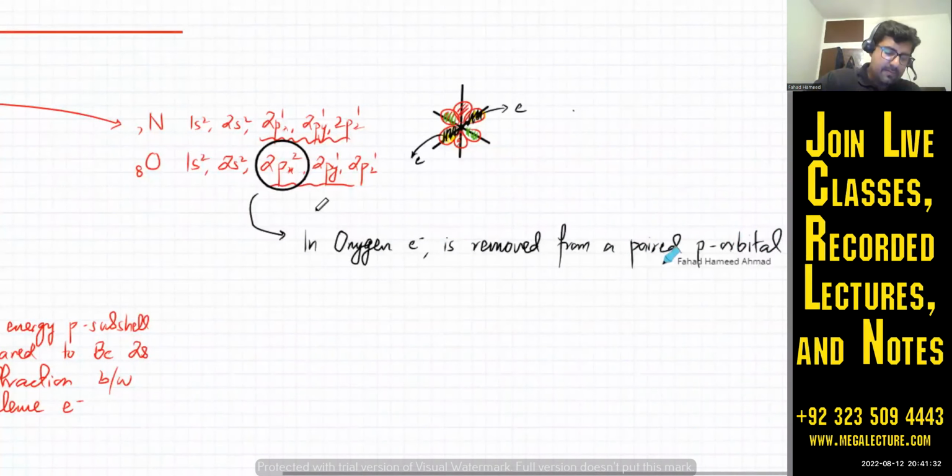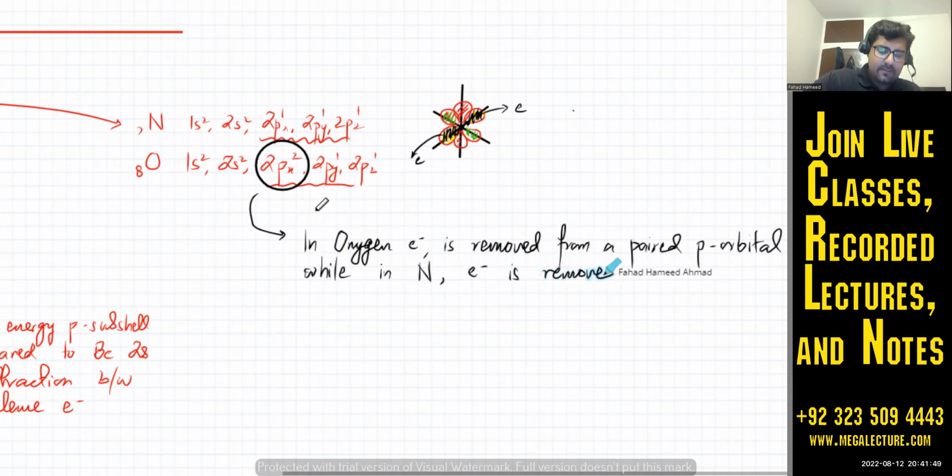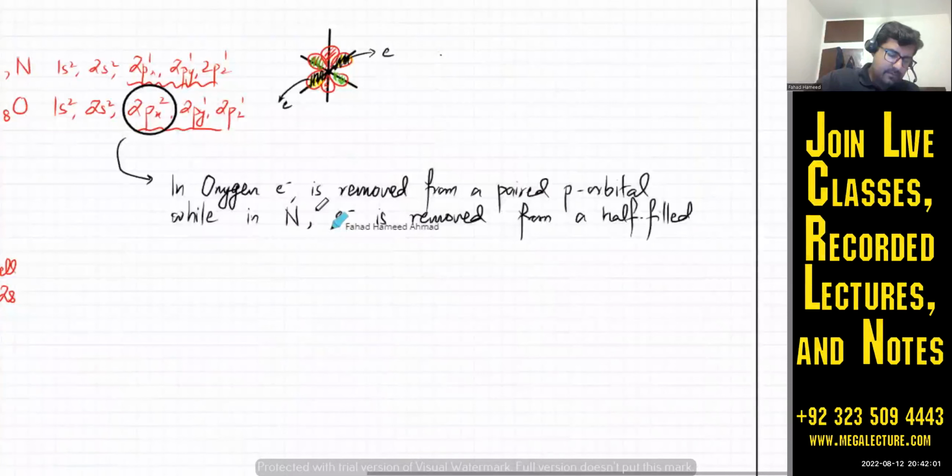While in nitrogen, the electron is removed from a half-filled p orbital.